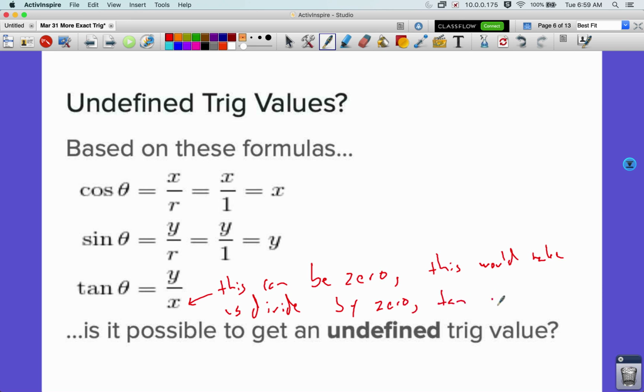And tangent would be undefined. All right, and we'll see exactly what the angle is that makes tangent undefined here in just a second.